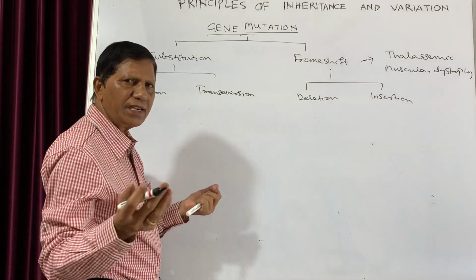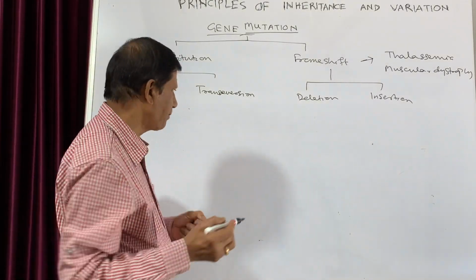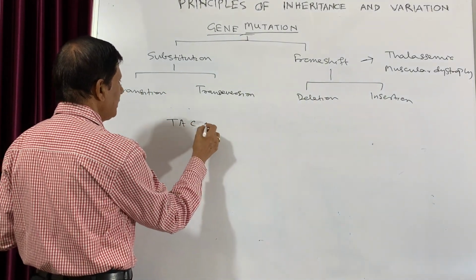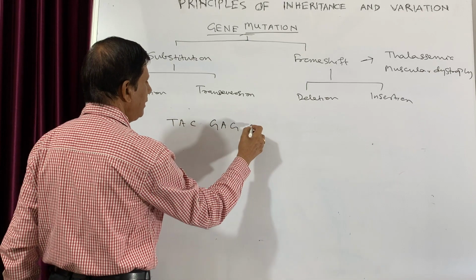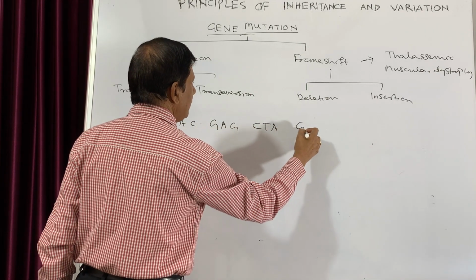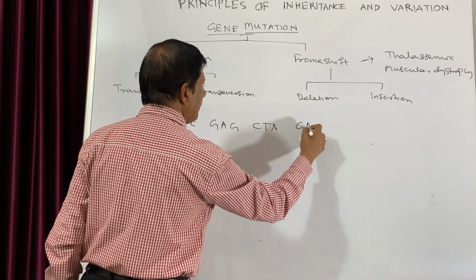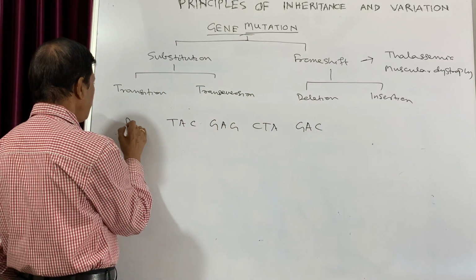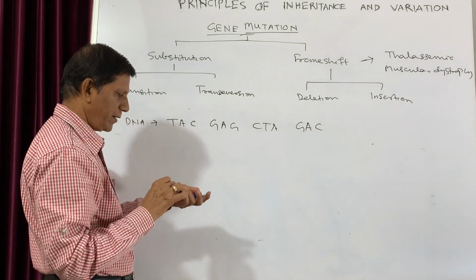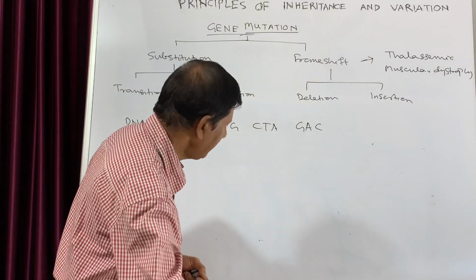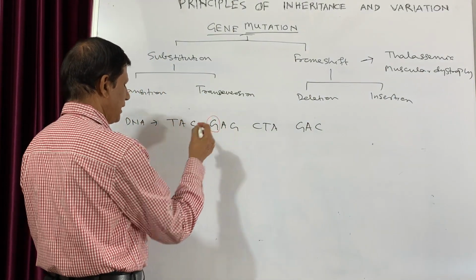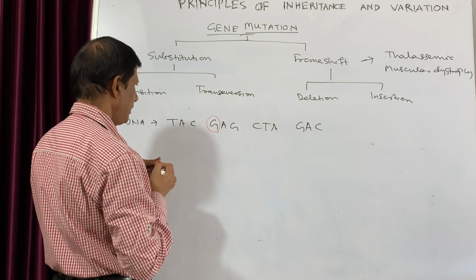Suppose let us take an example of a segment of DNA. Suppose one segment of DNA has T, A, C, G, A, G, C, T, A, G, G, A, C. Suppose this is the normal DNA. Now suppose there is a deletion. Deletion means anywhere. Suppose this is deleted.